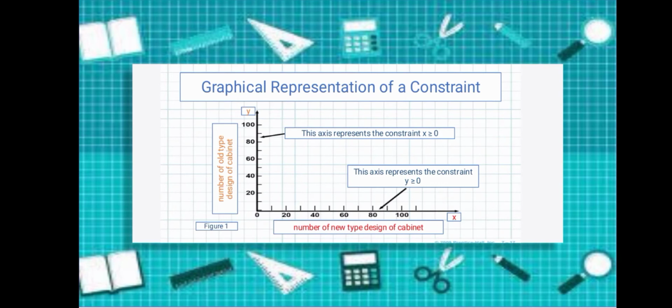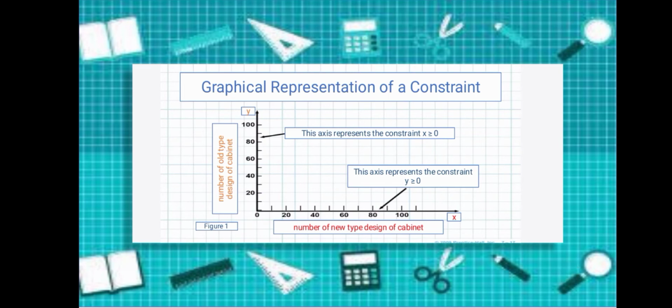So now let's proceed to the graphical representation of the constraints. The color red is the horizontal, which is our x, or the number of new type design of cabinet, while the vertical is our y, color orange, which is the number of old type design of cabinet.